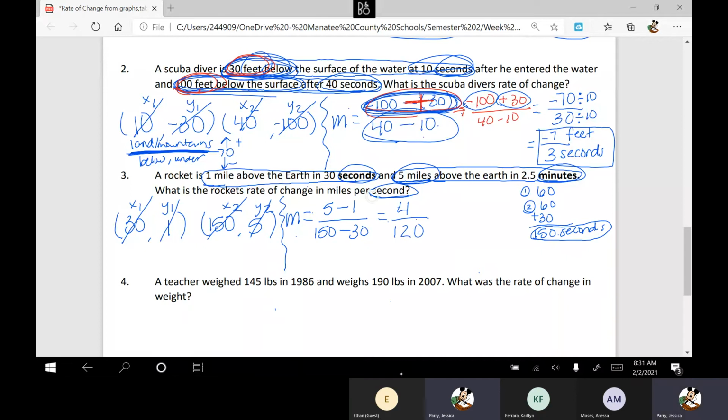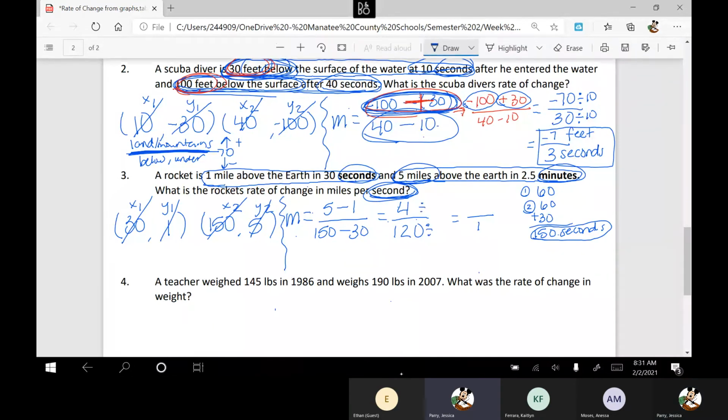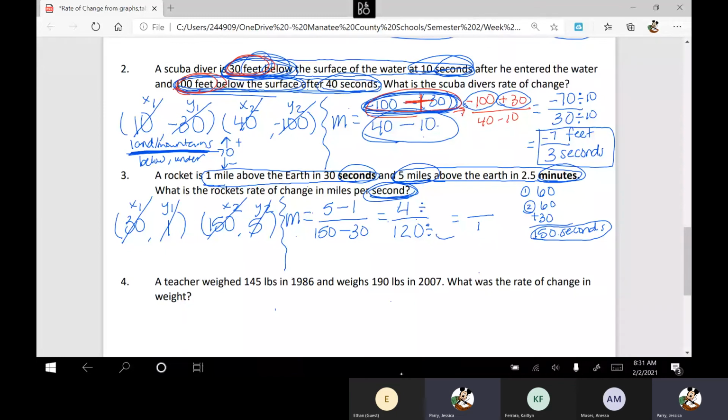Okay, they were asking us per second. So we want to get it down to just 1 second here. So we're going to divide top and bottom by some number. 120 divided by what equals 1? 10?